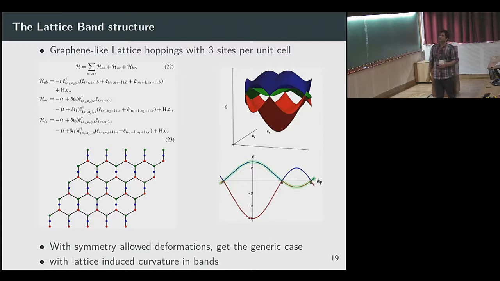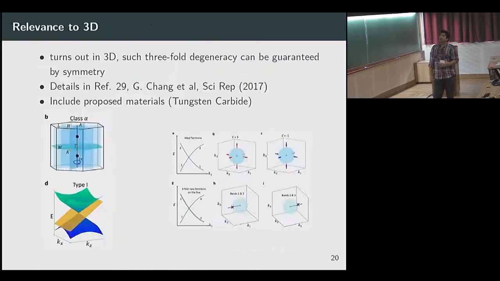So what we learn here is that these line degeneracies are not quite generic in 2 dimensions, but what has been shown is that in 3 dimensions, such 3-fold degeneracies with 2 line degeneracies coming out can actually be guaranteed by symmetry arguments. And so the details of this argument is given in this paper, and it's a nice argument.